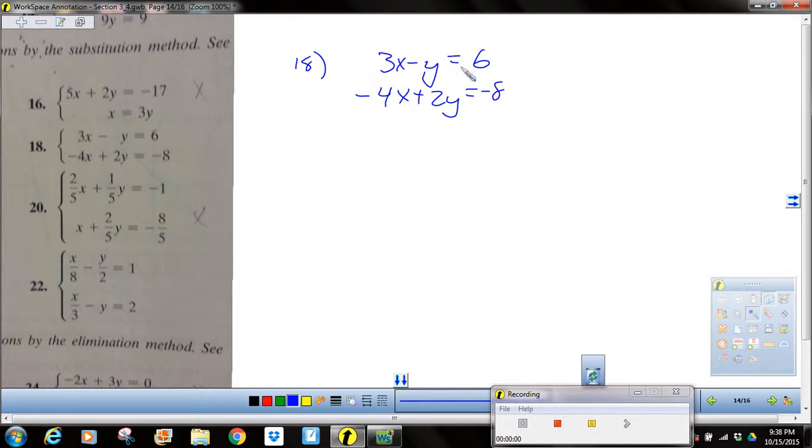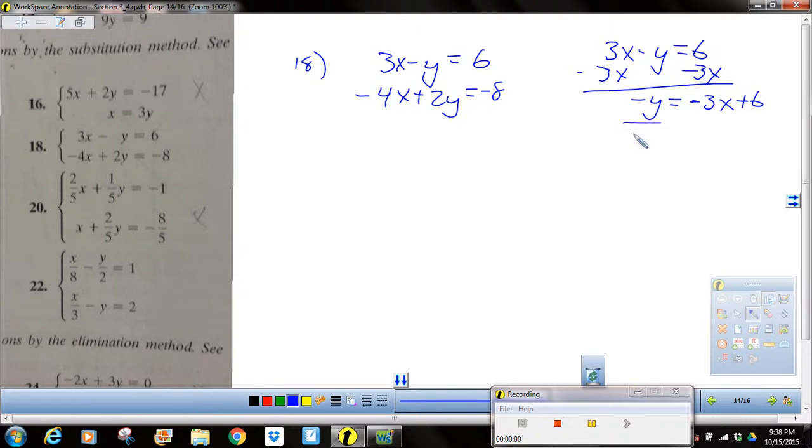Over to the side, I'm going to solve this one for y. Here's what y is. Now I will substitute that for y in the other equation.